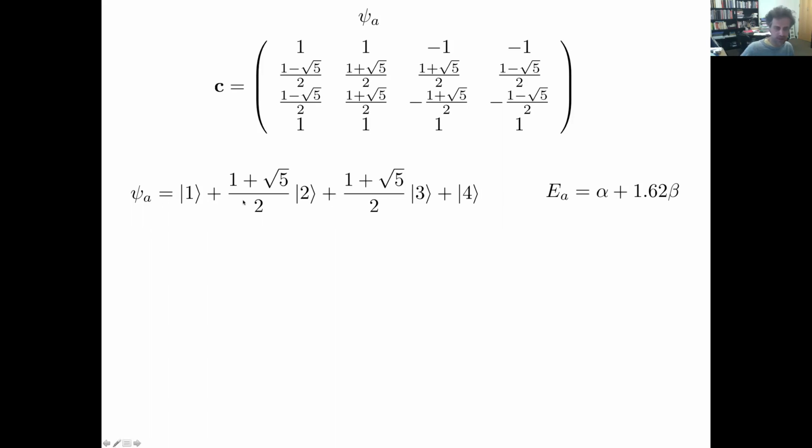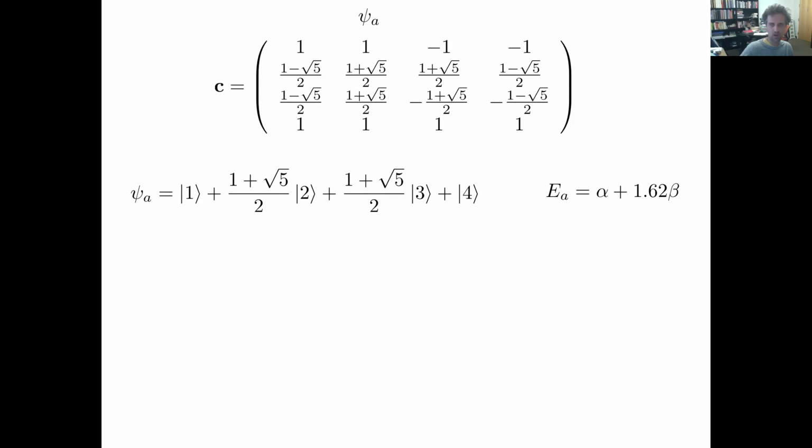Now, if you look at this, let's analyze this a little bit. What does it mean? 1, 2, 3, 4. They all have positive coefficients. 1 plus square root of 5 divided by 2 is a positive number, of course. And that means there is no sign flipping here anywhere, which means relative to one another, these atomic wave functions all have the same sign, aka the same phase.